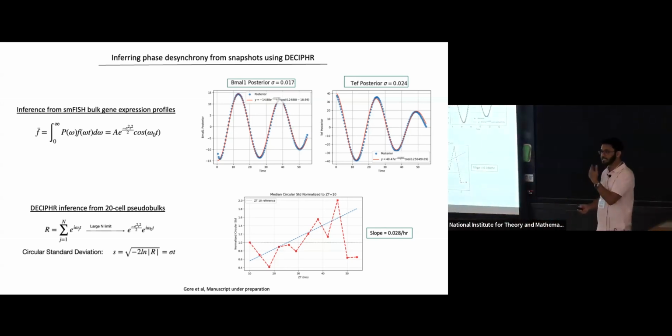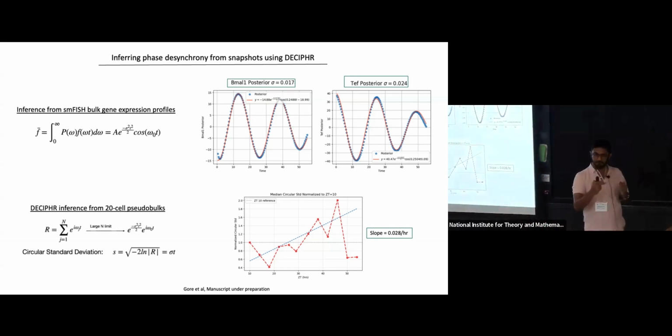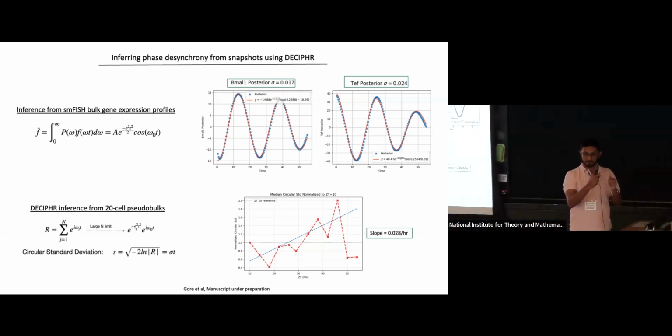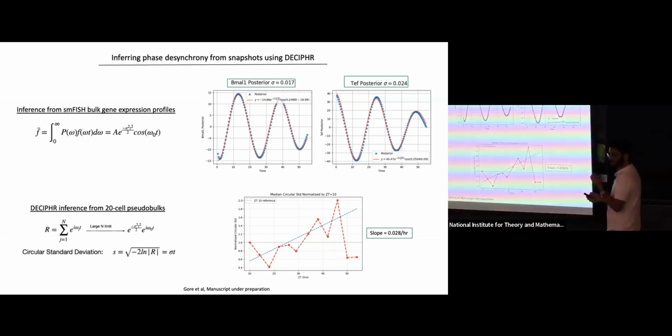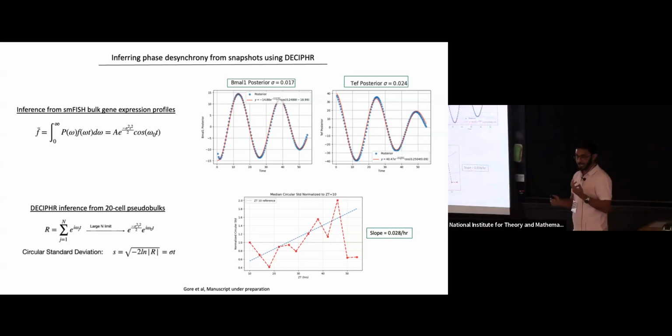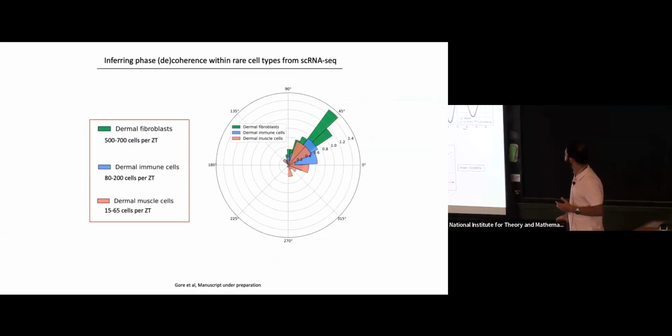So suggesting that from these kinds of single cell measurements, if you're careful and you're not doing it at the single cell level, but rather at smaller pseudobulk levels, you are actually able to nicely extract the phase and also the phase desynchrony from these measurements, okay?